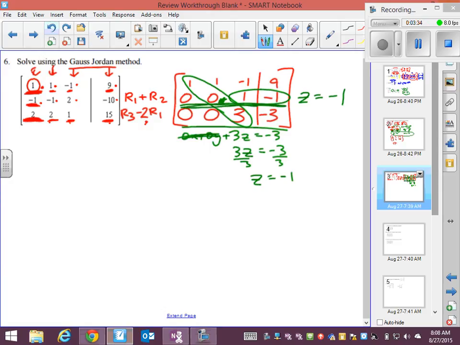Okay? So I know z equals -1, but the problem is I don't really know what x and y are, and that's what's represented in these 2 columns here. So it turns out that this one has many solutions. There can be a lot of different values of x and y.